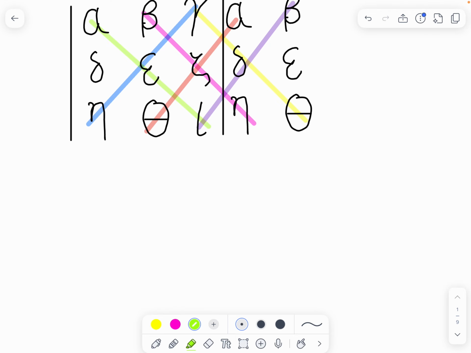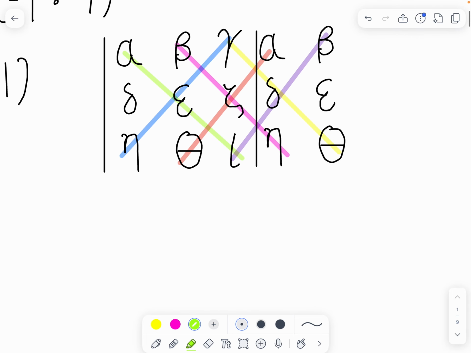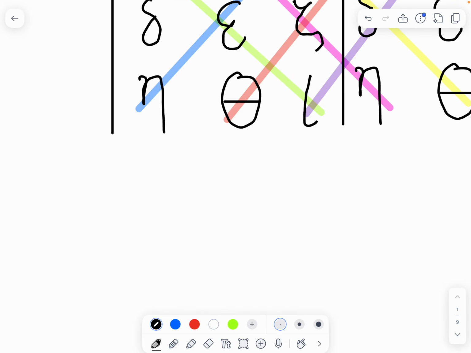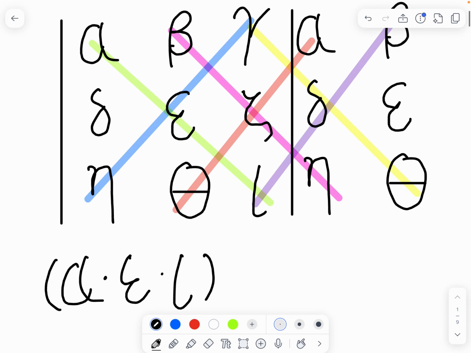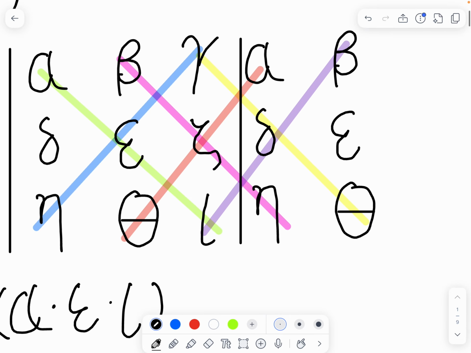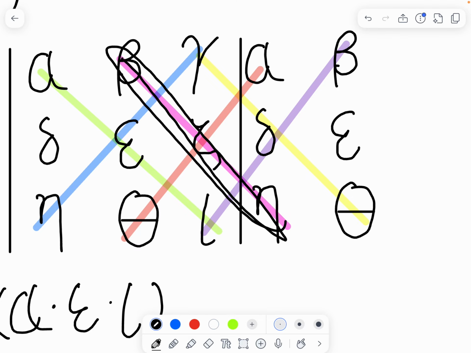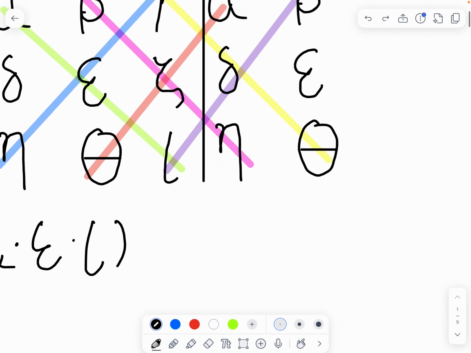basically alpha, epsilon, and iota: alpha times epsilon times iota multiply to this, the pink highlight.